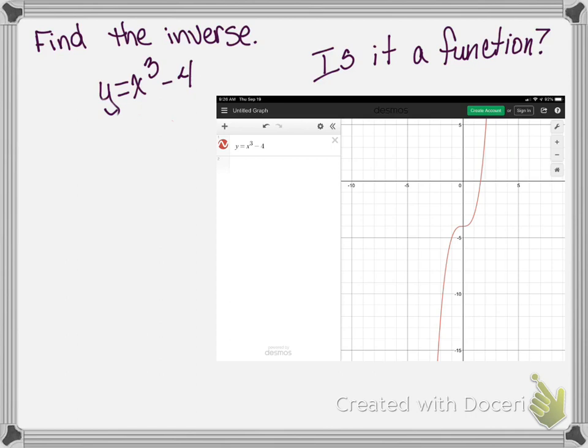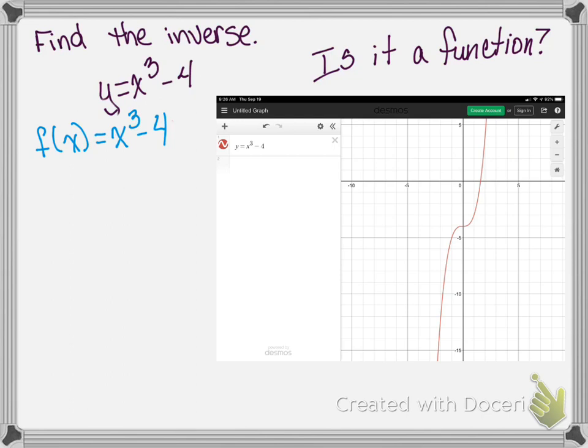Then we have to decide if it passes the horizontal line test to determine if it's a one-to-one function. Does it pass the horizontal line test? It does.